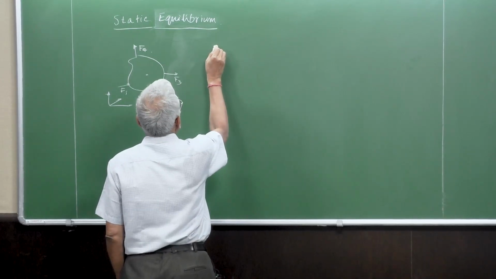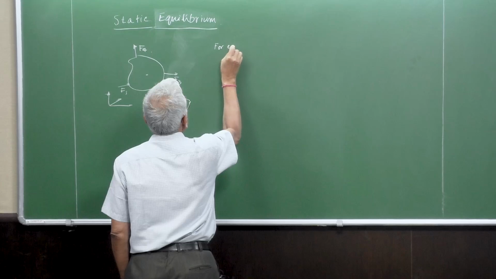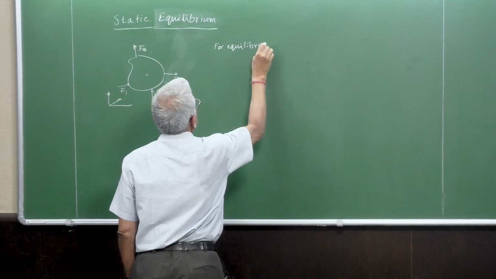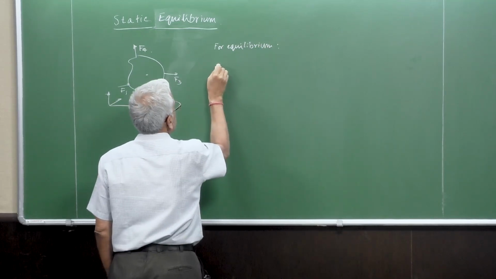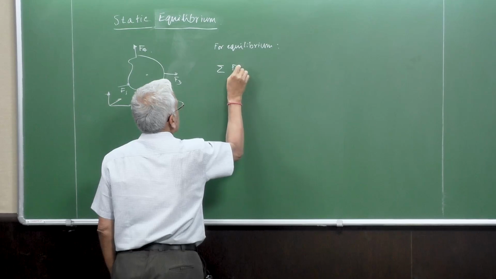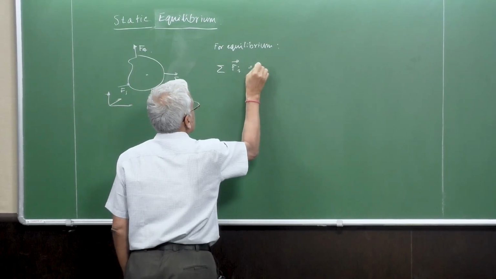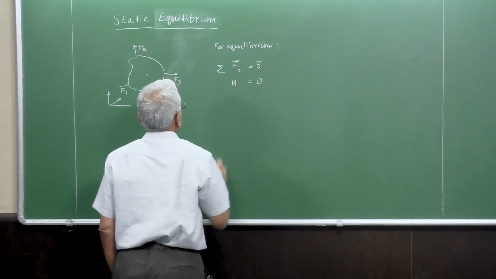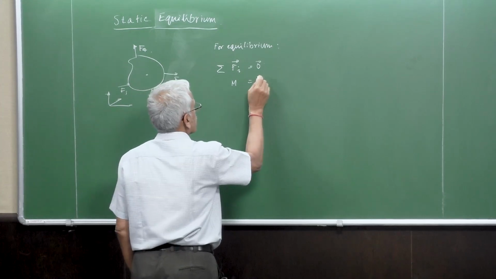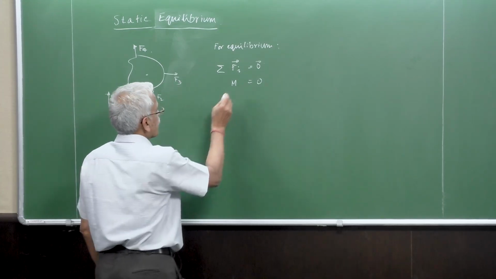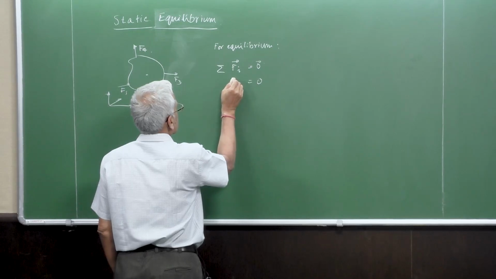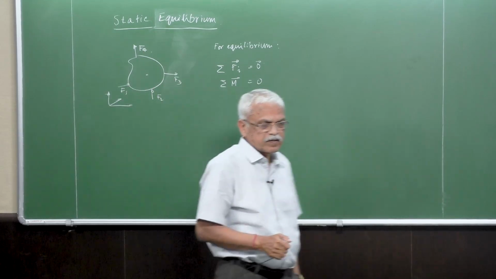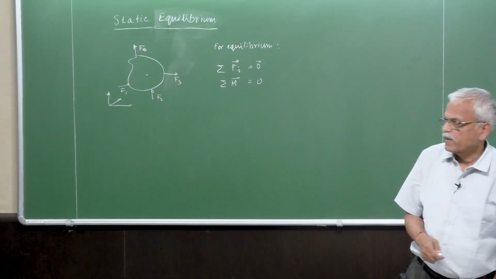And for equilibrium, we said that sigma Fi is 0 and the moment about O is 0 here, and this moment can also be a vector, in the sense that the moment can be taken about the x, y, z axes.